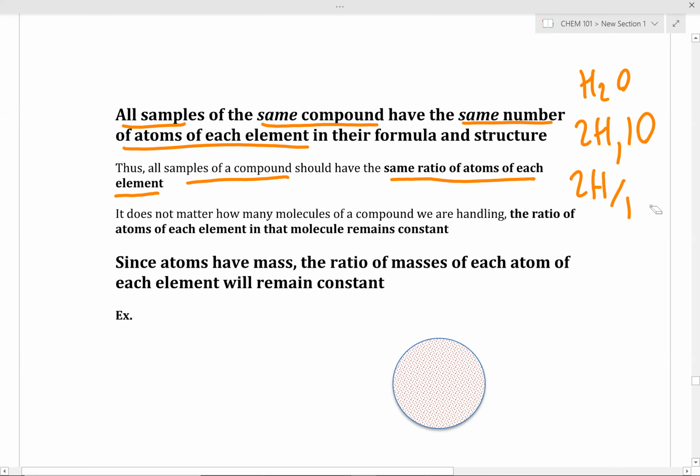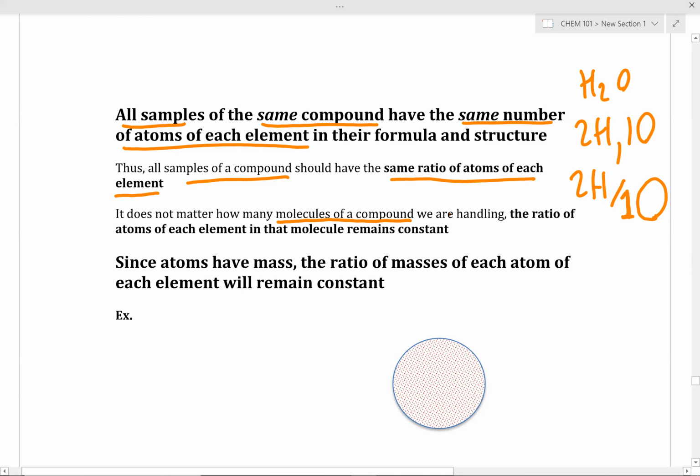Okay. So then, if this ratio is fixed for a unique compound, let's say now we're looking at a large number of molecules of a compound.